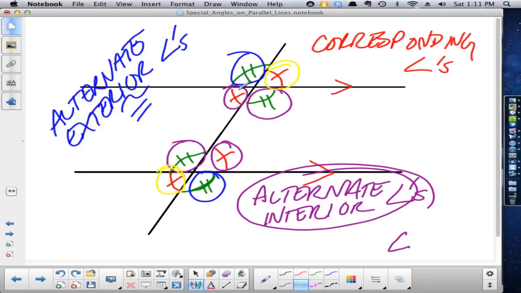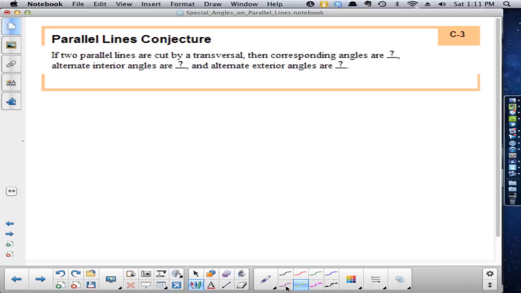The two pairs of alternate interior angles are congruent. And that each of the pairs of corresponding angles will also be congruent. So, if two parallel lines are cut by a transversal, then corresponding angles are congruent, alternate interior angles are congruent, and alternate exterior angles are congruent.